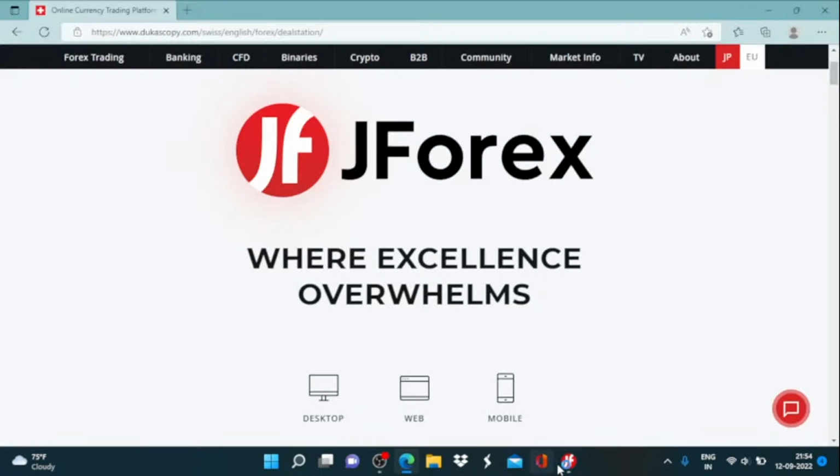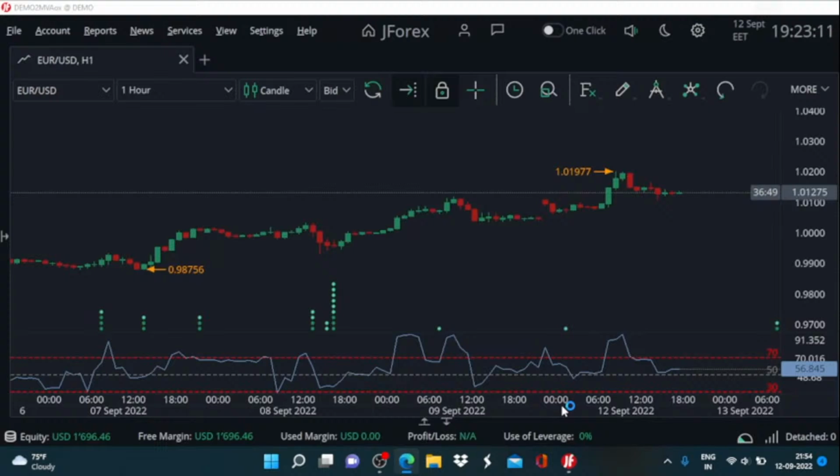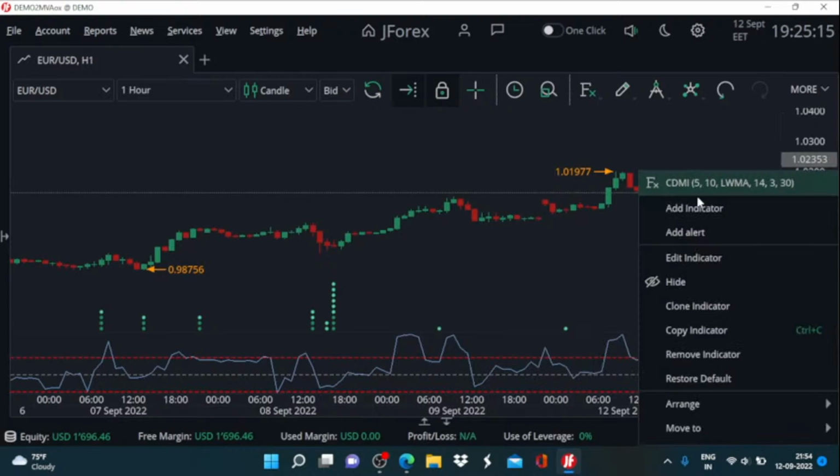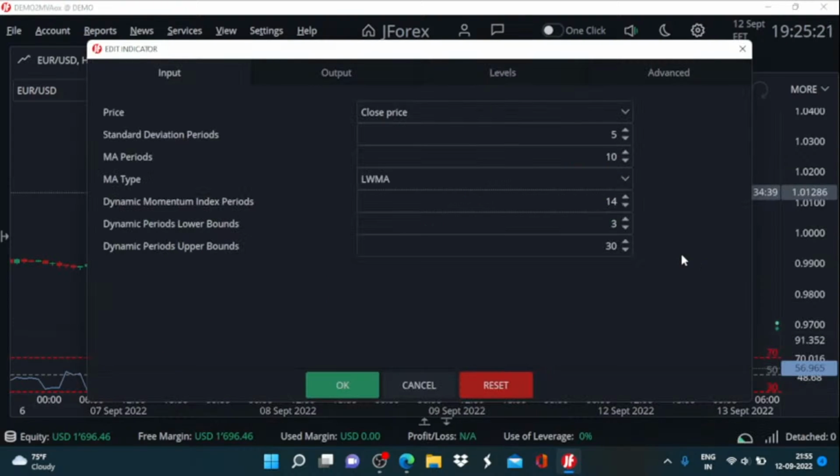So let us now head to the JForex 4 platform. Let us go for editing options again.